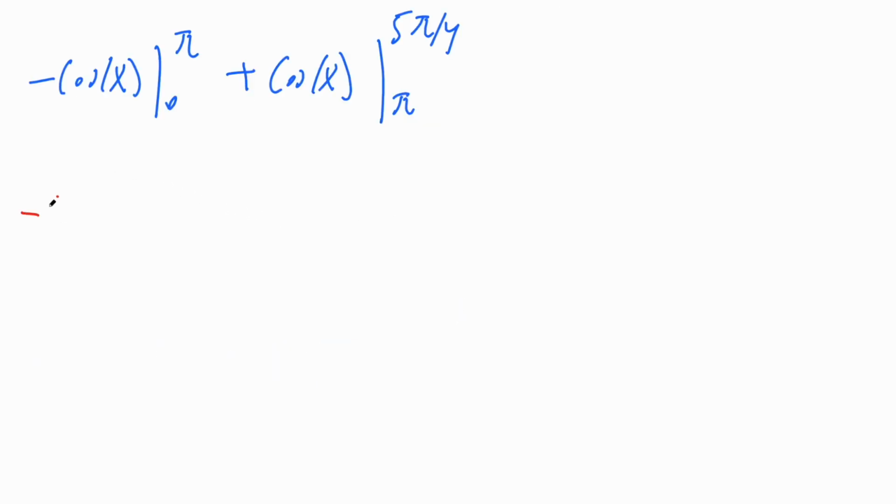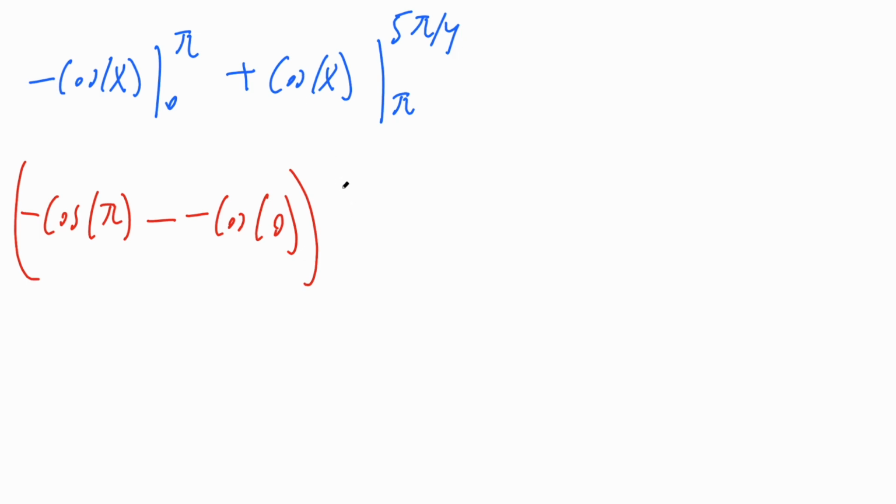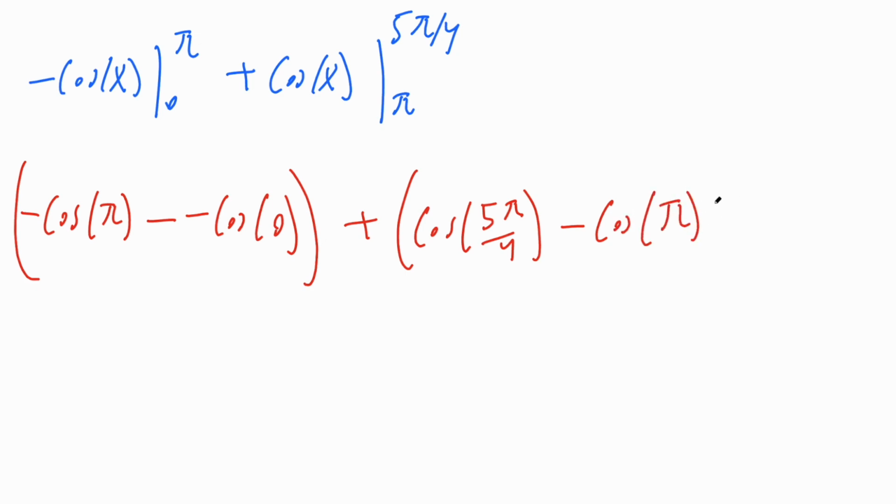So I have negative cosine pi minus, another minus, cosine 0. Let's put parentheses around them. Then we have to do this piece. So plus cosine 5 pi over 4 minus cosine pi.